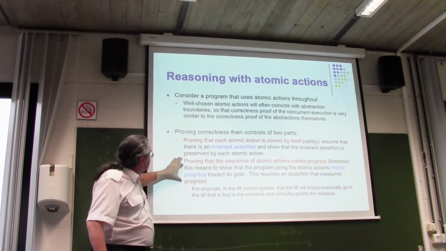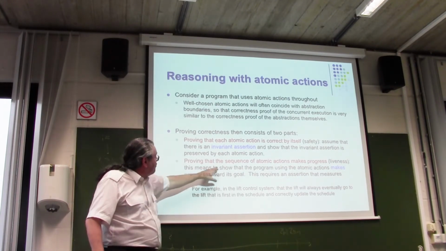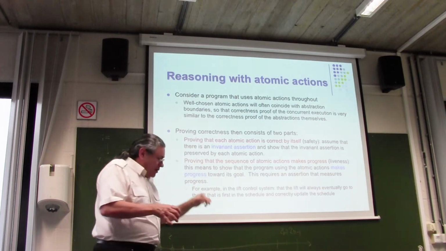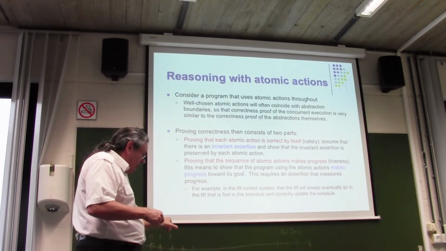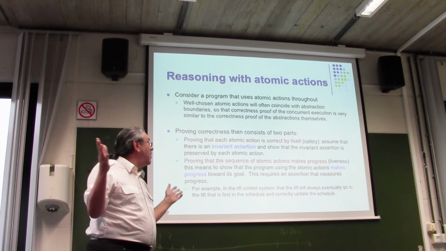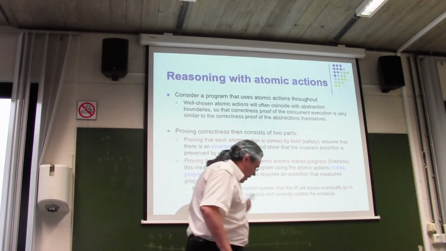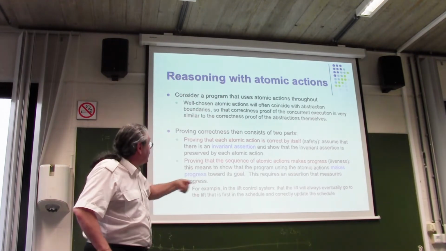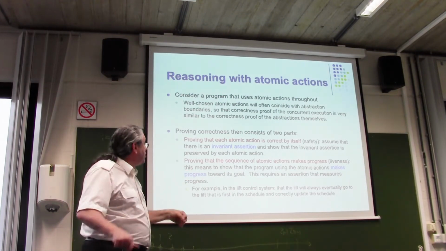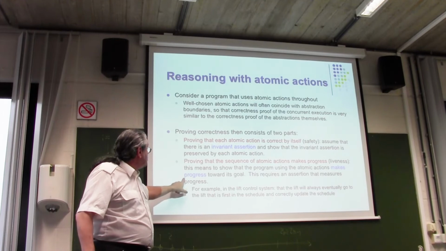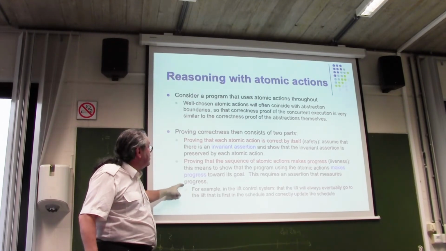And then the next step is the sequence of atomic actions. So each one is preserving the invariant. That means everything's fine, but it has to make progress. It has to not turn around in circles, but the atomic actions have to actually make progress. So this is actually called liveness.